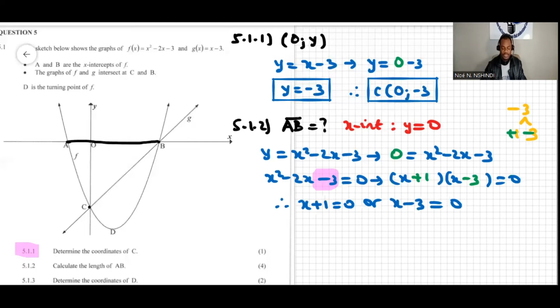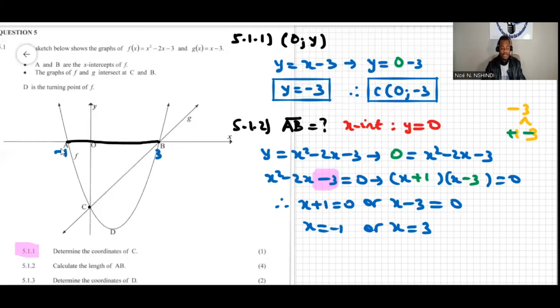This simply means that x is equal to -1, or x equal to 3. Then we have the x coordinates of A and B. A is in the second quadrant, so this must be -1, because it cannot be +3 being behind 0. So it's -1, and B is 3 there.